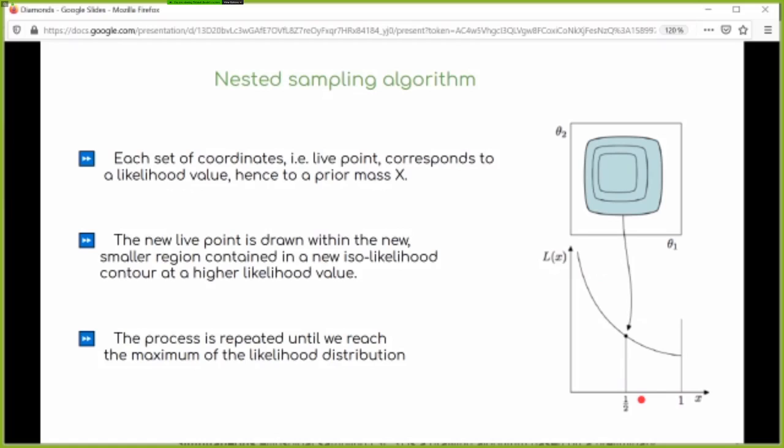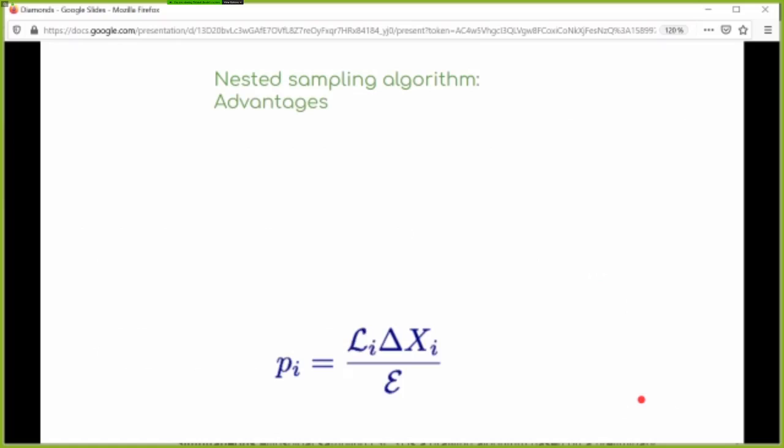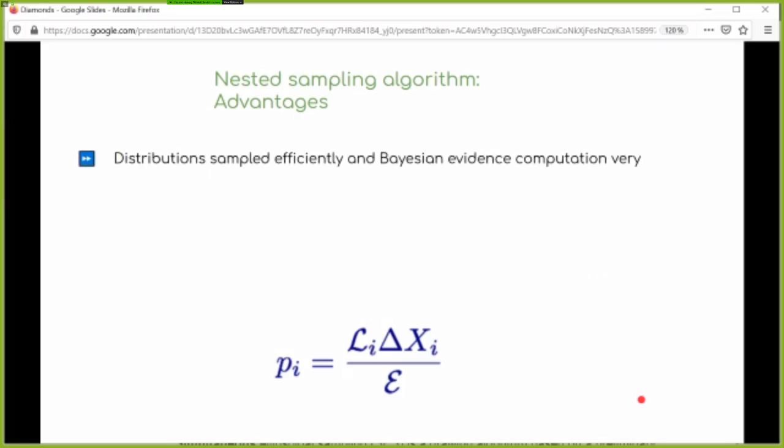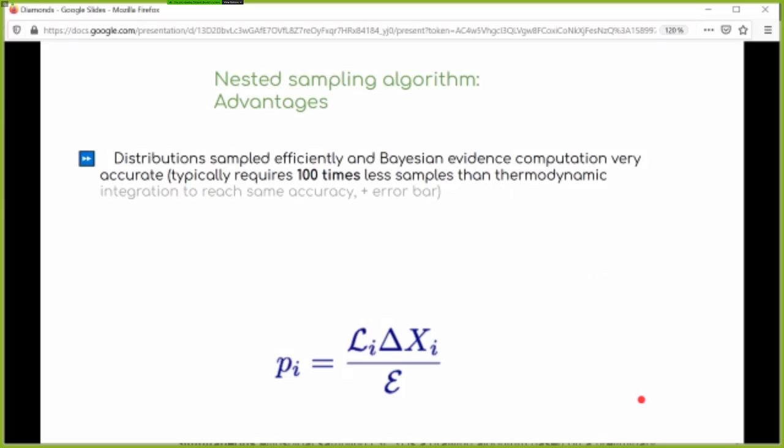Okay, so in a nutshell, what are the advantages of a nested sampling algorithm? Well, the distributions are sampled efficiently, and Bayesian evidence computation is very accurate. Typically, it requires about 100 times fewer samples than thermodynamic integration tools to reach the same accuracy, plus the error bars.